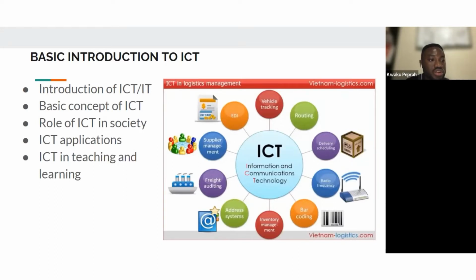If you look on the graphics, we have supply management, freight auditing, address system, barcoding, routing, delivery, scheduling. All of these are information coming together to be communicated through a system that operates by technology.